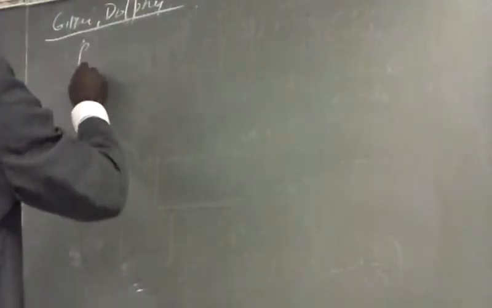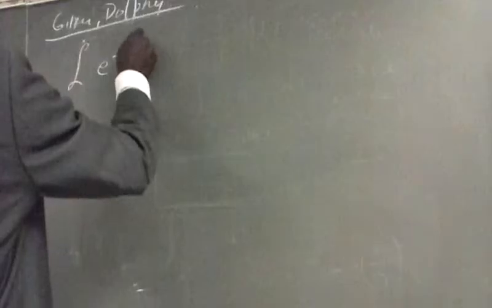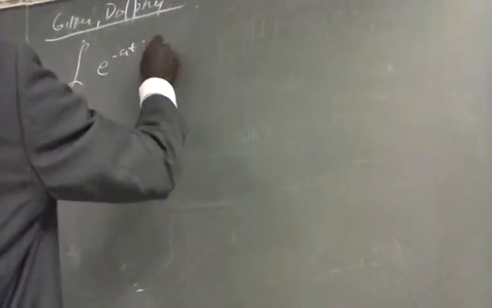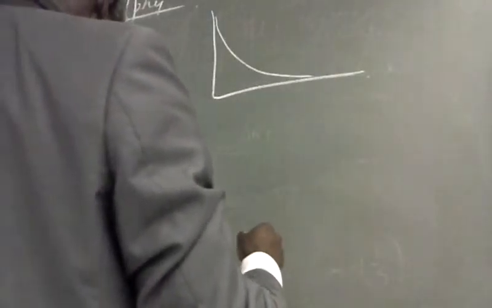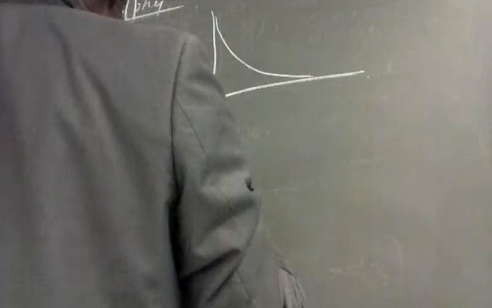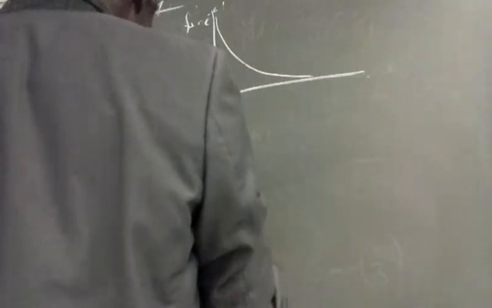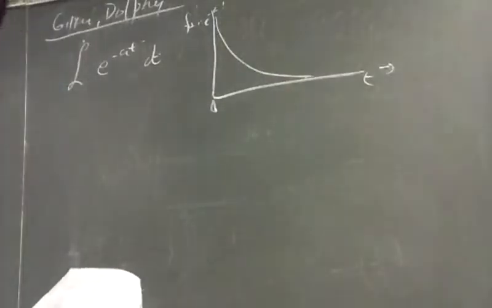Let's go on to another: an exponential function, say the Laplace transform of e to the minus at. And we draw a curve for that, something like so. So this is the exponential.